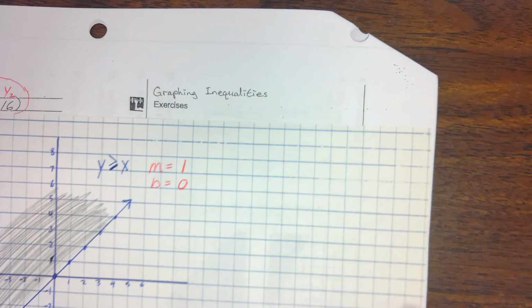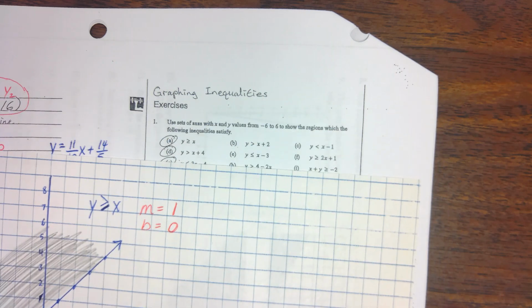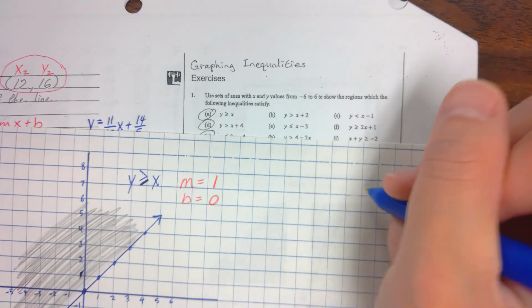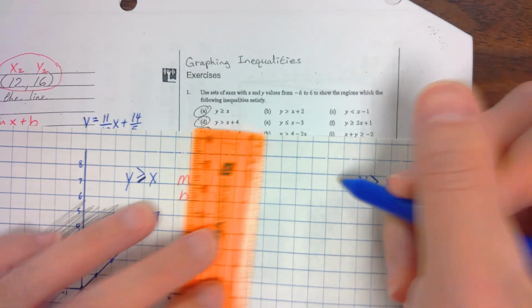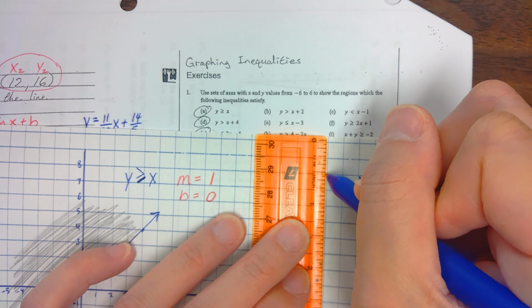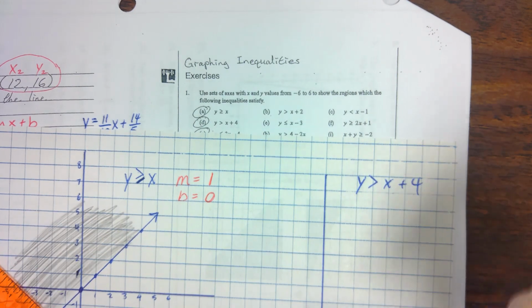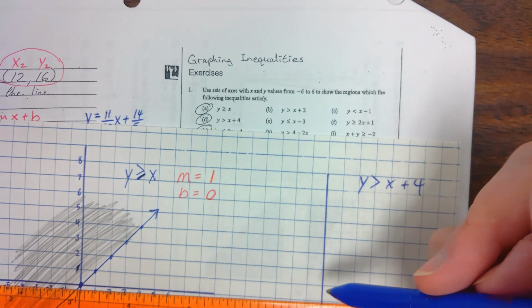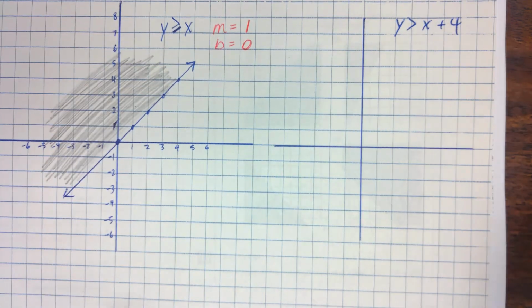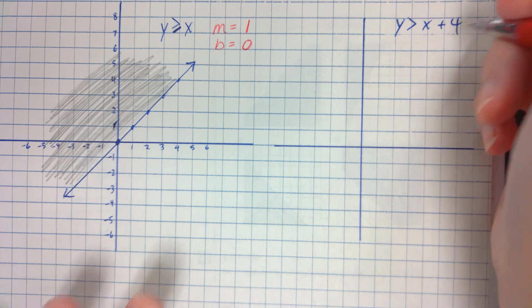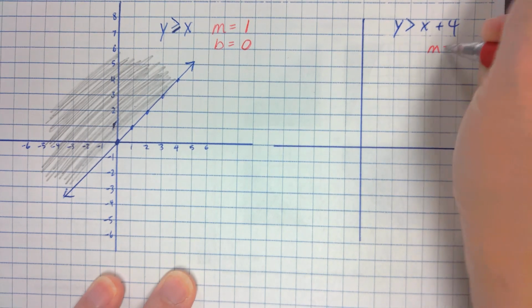Next one. What's the next? Y is greater than x plus 4. Okay. So I'm just gonna do a quick sketch like this. Each box is 1. So given this, what's m and what's b?